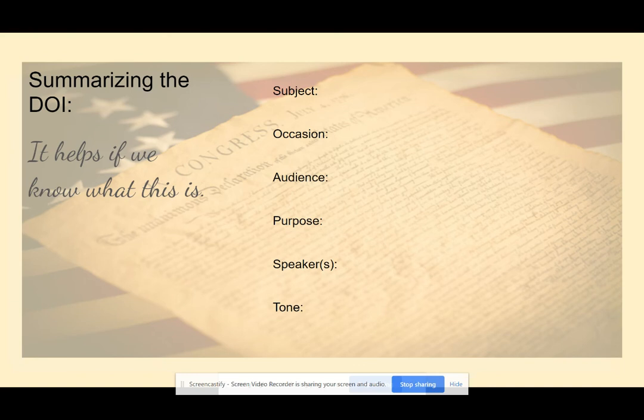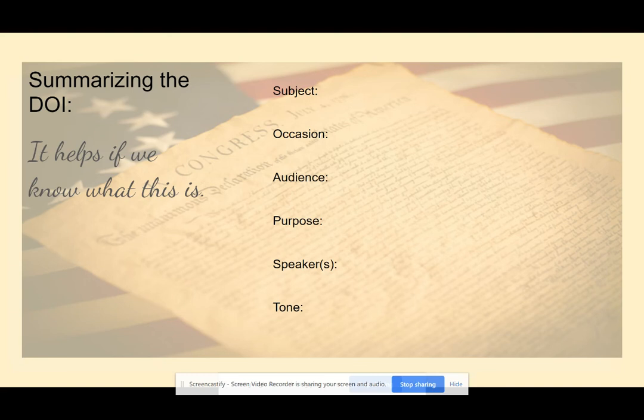Cheryl, have you heard of Soapstone before? No, I haven't. Okay. It's an acronym that stands for subject, occasion, audience, purpose, speakers, and tone. We'll go through this one at a time. I'll tell you what each one means, and then we'll figure out what it is for the Declaration of Independence.